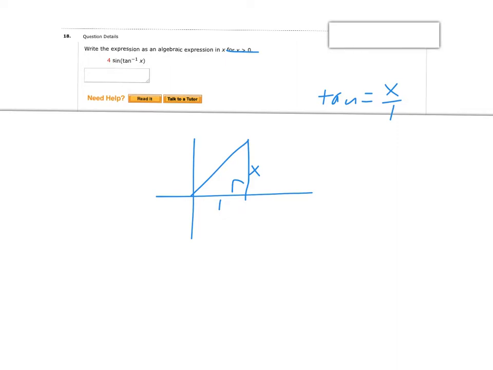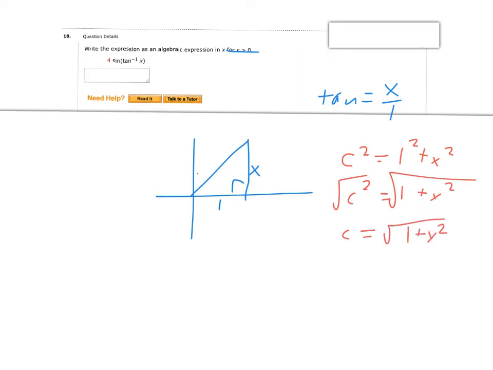So I'm going to use Pythagorean theorem. I'm going to call this c squared equals 1 squared plus x squared. So c squared equals 1 plus x squared, and then c equals the square root of 1 plus x squared. So I'm going to put that right there. I cannot turn that into just 1 plus x. That simplification does not work if we have that addition in there.